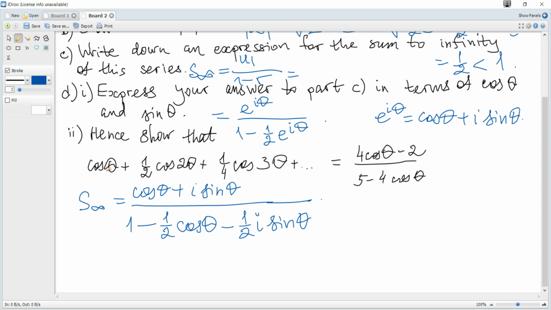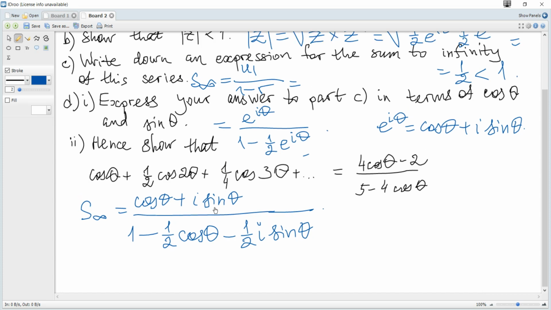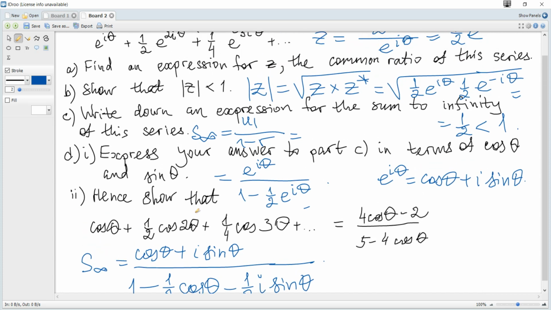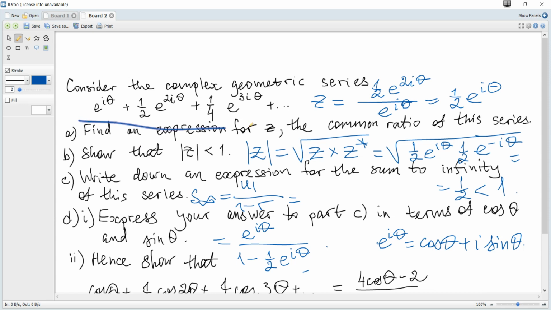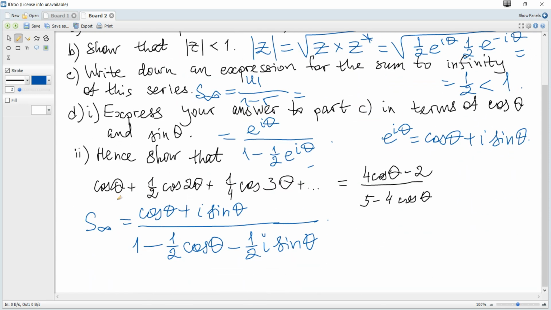is equal to this expression. And here we can see that the left hand side is the sum to infinity, but since there are only cosines, if we consider this series, we can see that each term, for example this one, is a cosine plus i sine, this is a half cosine of 2θ plus i sine of 2θ, and since there are only cosines, we can conclude that we should consider only real parts.